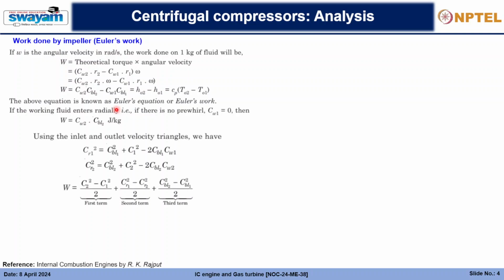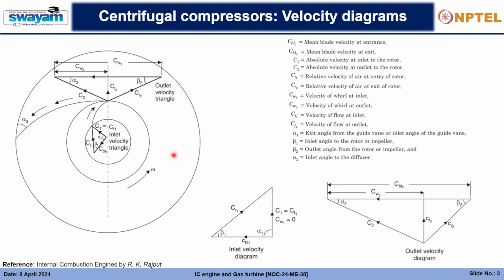Next, using the inlet and the outlet velocity triangles, we will have Cr1 squared equals Cbl1 squared plus C1 squared minus Cbl2 Cw1. So how is it coming? We need to calculate Cr1, and using the hypotenuse we can calculate that.